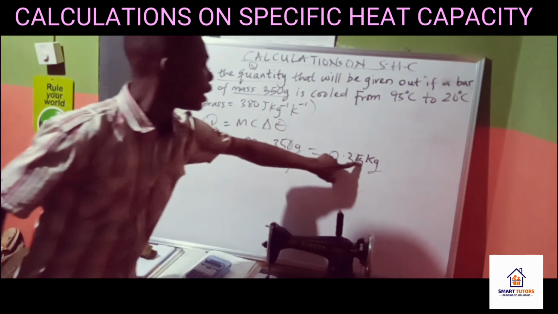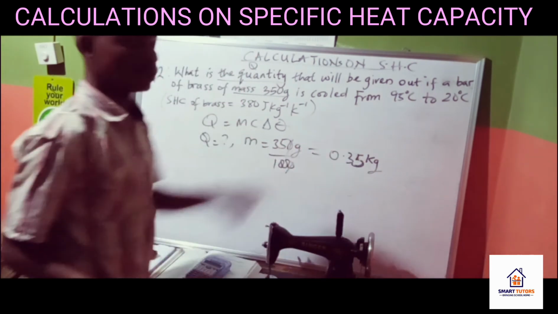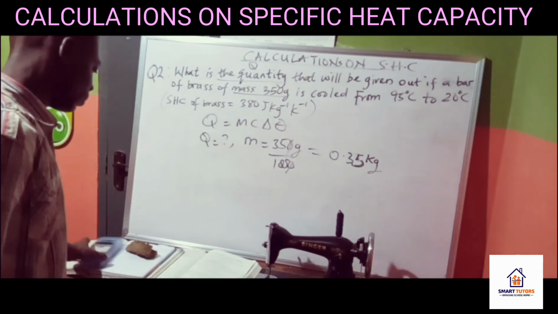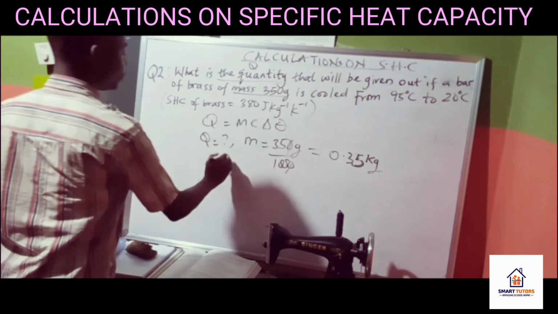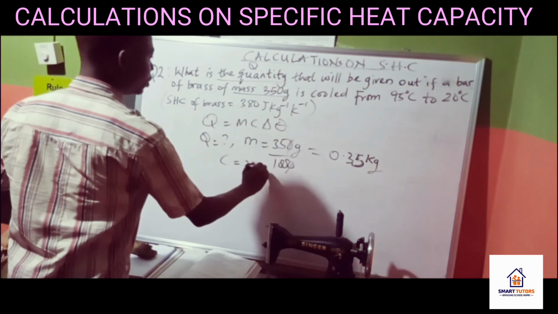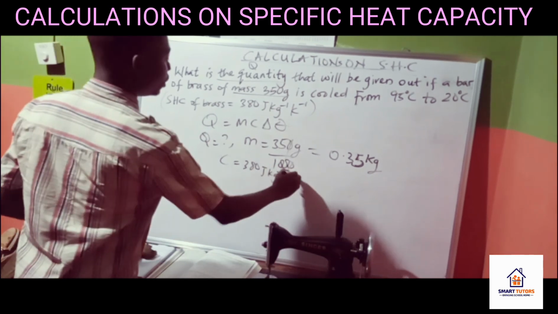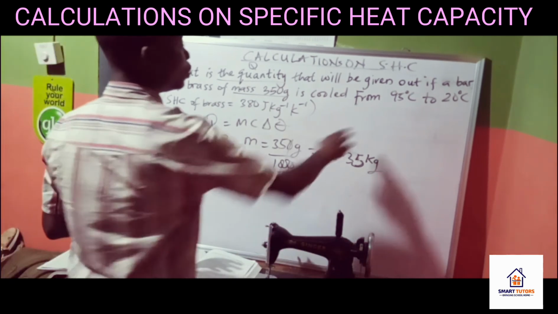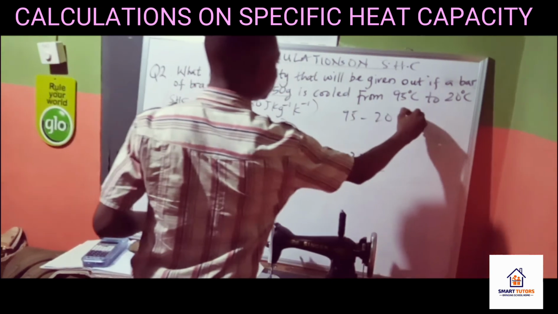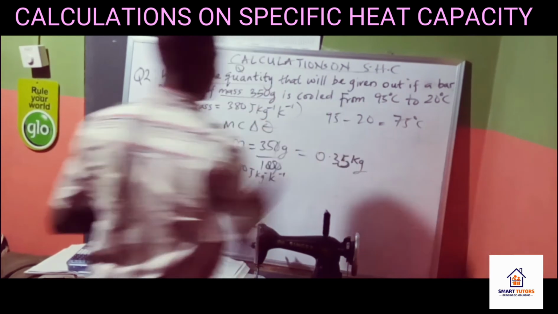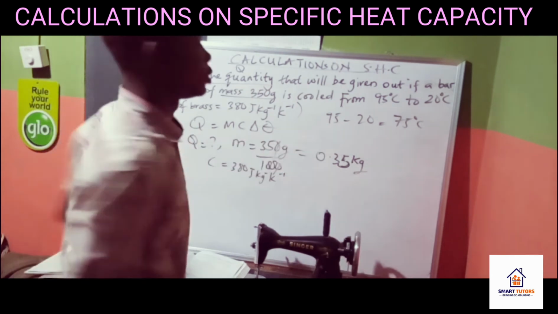The specific heat capacity of brass is C equals 380 J kg^-1 K^-1. The change in temperature, 95 minus 20, is 75 degrees Celsius, the difference between the two temperatures.